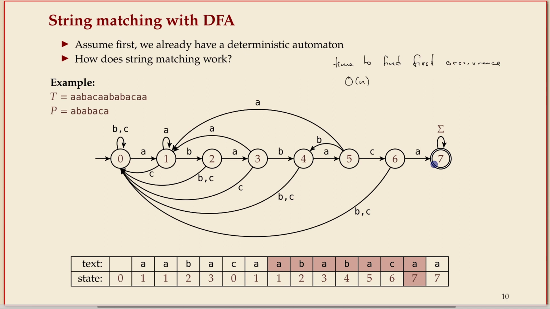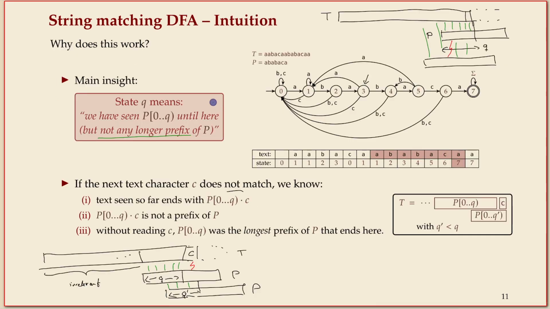The more tricky bit is to argue that if you're not here, then you have not found one. So what you would have to do is prove by induction that this invariant is always maintained. And because it's the longest prefix of P that we've seen up to this point, if all the way through the text you never reach up to state M, the length of the pattern, then you've never seen the entire pattern. This part is a little less intuitive to explain. I think you have to go through this invariant.